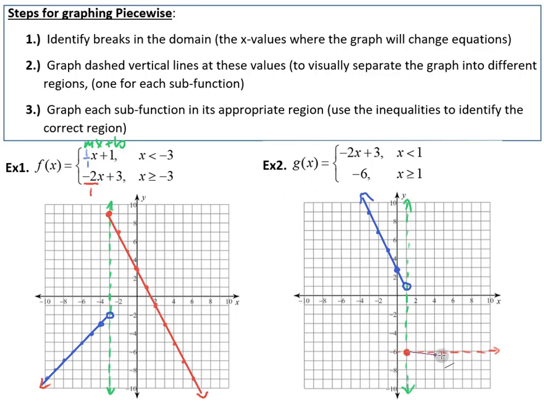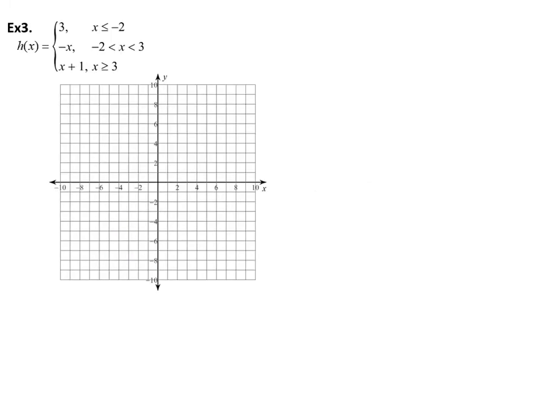So even though the line itself would go in both directions forever, we only want the part of it that's going to go to the right forever, and we could erase whatever would have gone to the left. Again, if you wanted to, you could erase the green line here to show that's not technically part of the graph, but as long as it's dashed, you're fine. You can leave that in.